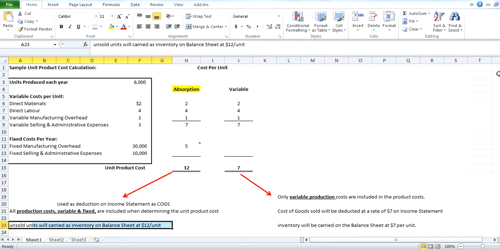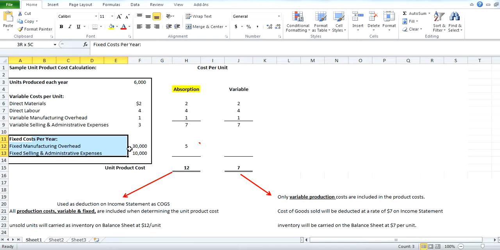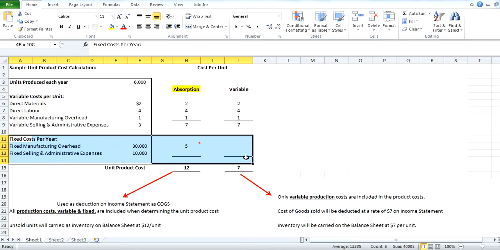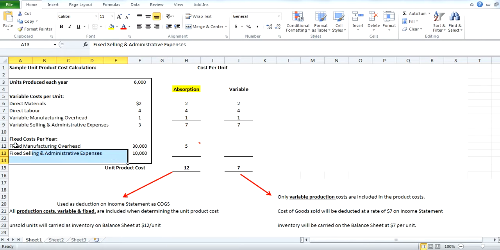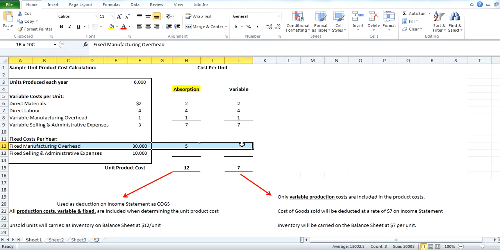So the key difference between the two methodologies is capturing your fixed costs, okay? Not your fixed selling and administrative, but rather your fixed overhead cost. That's what the critical difference is between the two methods.